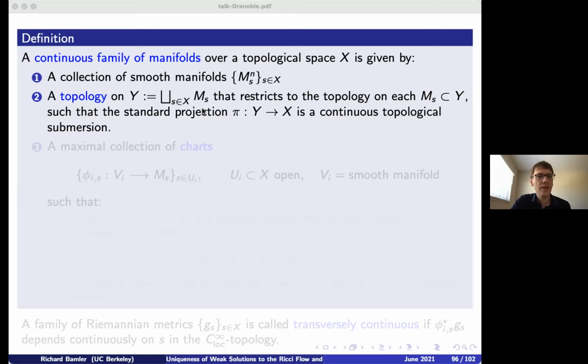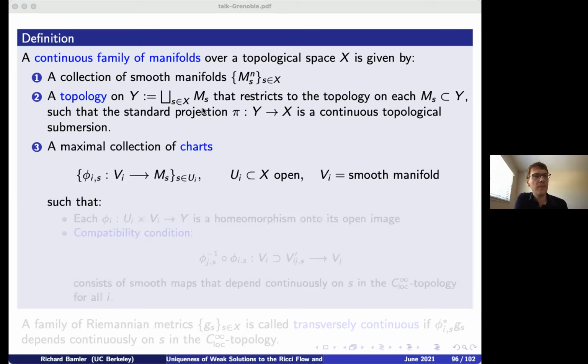In order to do this, we're going to use the concept that is used when we look at laminations, for example. So we're going to choose some charts on this total space, which gives us some extra smoothness structure. So now I'm also fixing a maximal collection of charts of the following form.